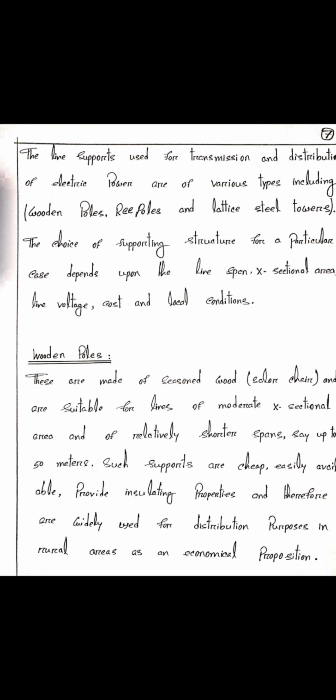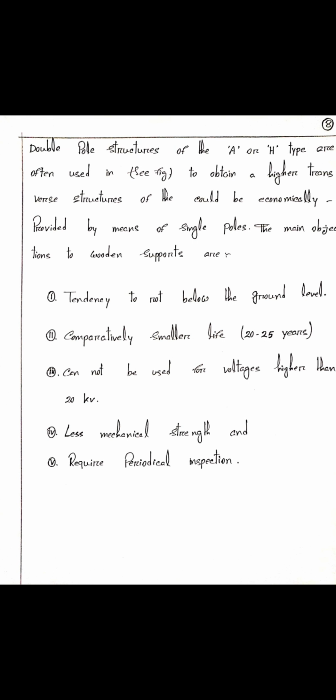These are made of seasoned wood, such as sal or chir, and are suitable for lines of moderate cross-sectional area and of relatively short spans, say up to 50 meters. Such supports are cheap, easily available, provide insulating properties and therefore are widely used for distribution purposes in rural areas as an economical proposition. Double pole structures of A or H type are also used.